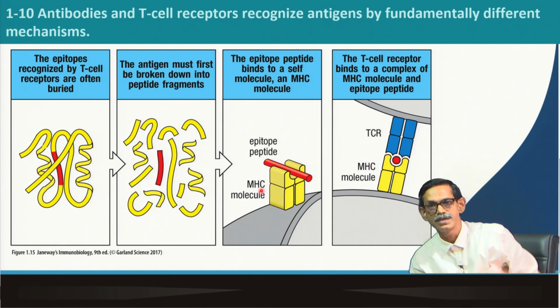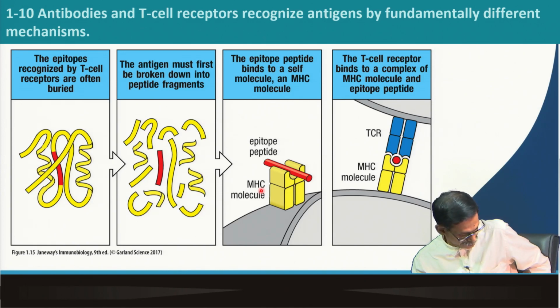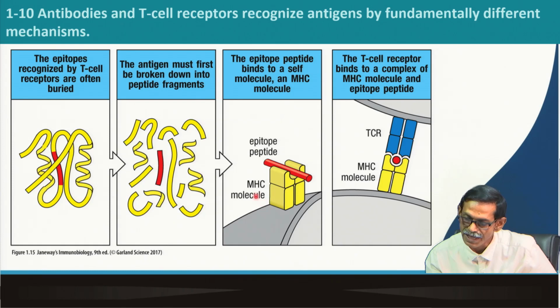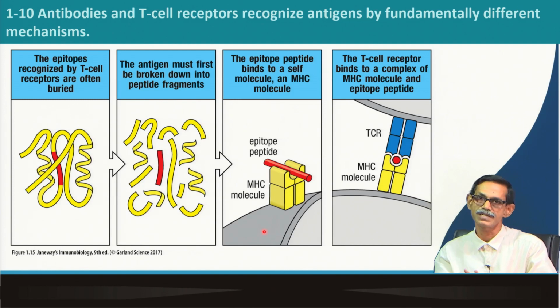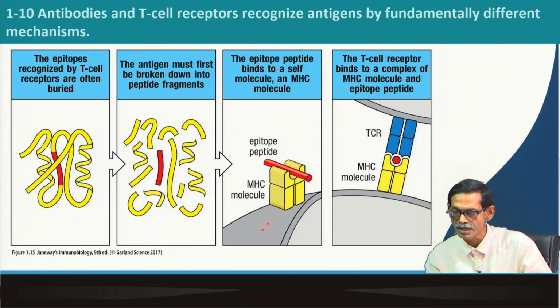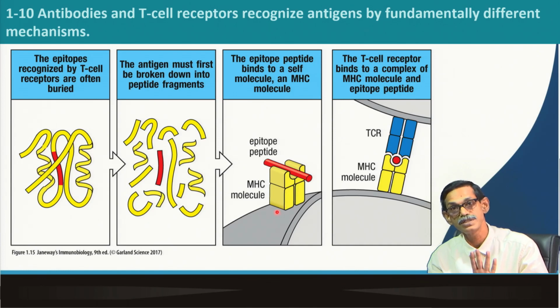MHC is a protein, just like a receptor molecule. There are two types of MHC which we will discuss later, but for the time being, MHC is a protein present as a receptor mostly in antigen presenting cells.